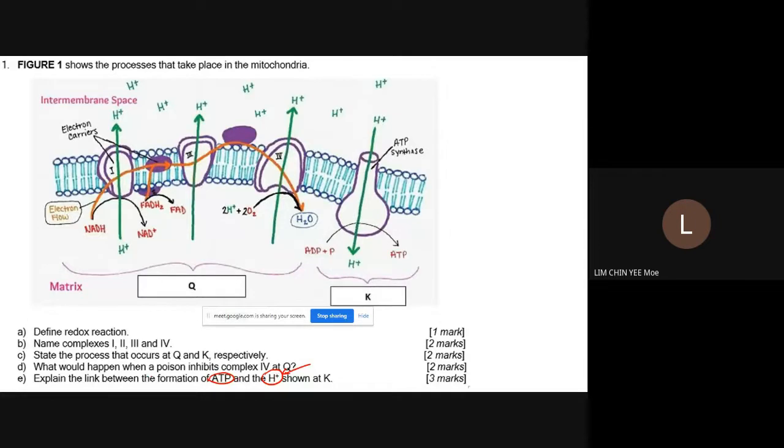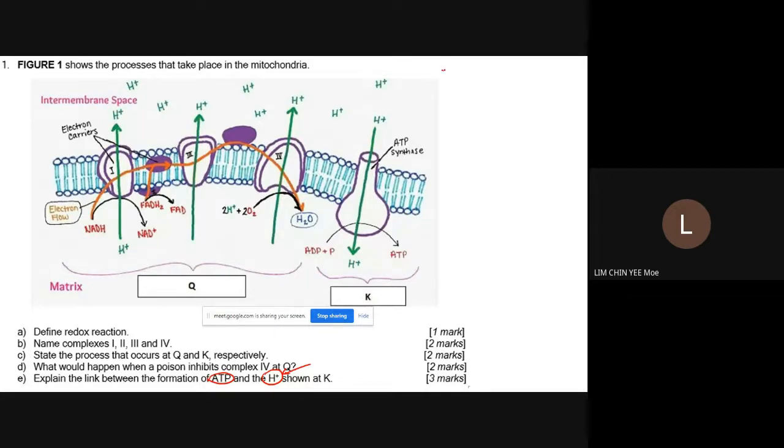First of all, how can H+ give rise to ATP production? Macam mana? Proton gradient. Okay, I would start with proton gradient even though dekat sini jawapan dia tak cakap. Tapi I will start with the difference in concentration in the intermembrane space and mitochondrial matrix.